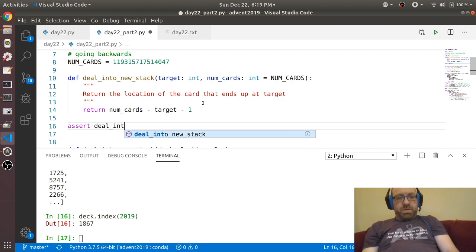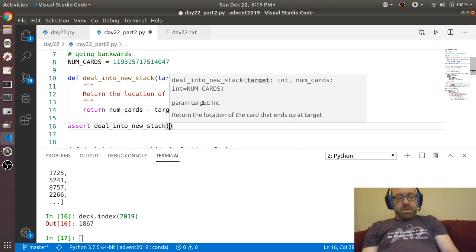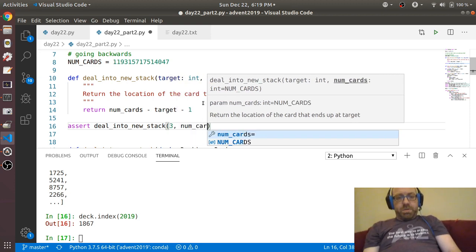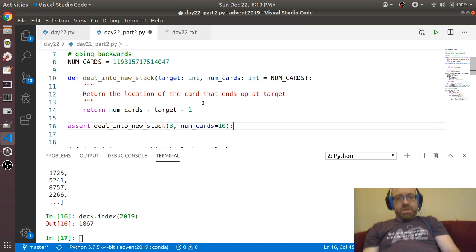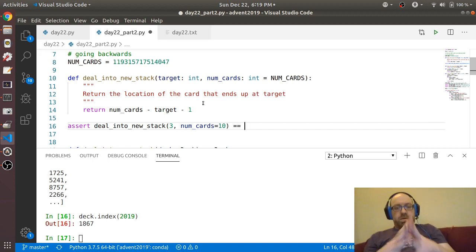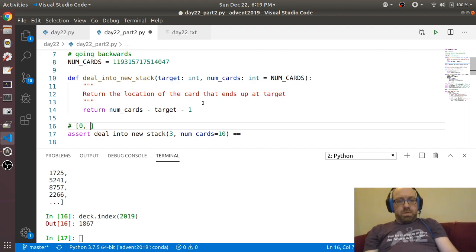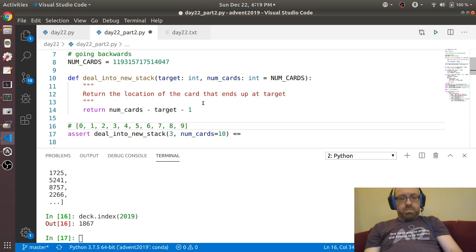assert the deal into new stack. If I want to get card 3 and num cards equals 10, then 1, 2, 3, 4, 5, 6, 7, 8, 9 goes to not 9, 8, 7, 6, 5, 4, 3, 2, 1, 0.